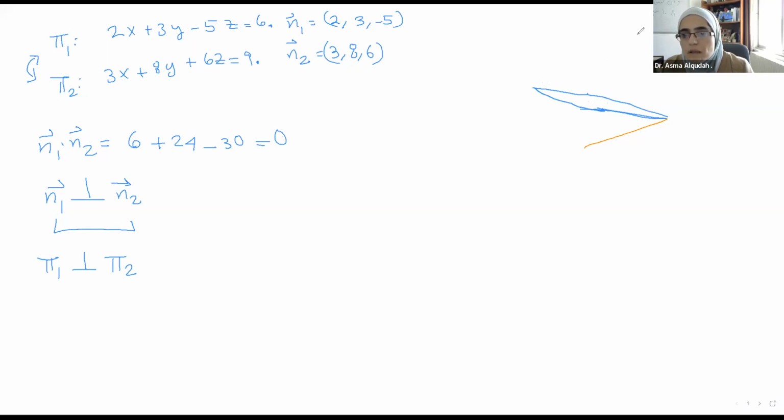So this is the first plane, and the other plane is like this. Somehow, the drawing is not very accurate, but at least it can show what I mean. So this is plane number 1, the one in blue, and the other one is the orange one.